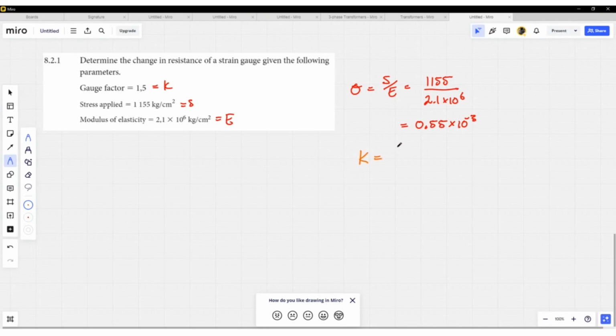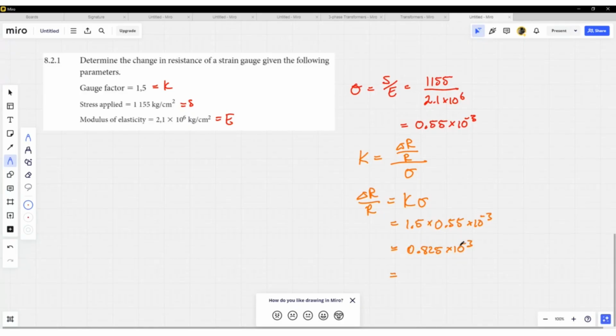So K is equal to delta R over R over the strain. So delta R over R is equal to K multiplied by the strain. That's going to be 1.5 times 0.55 times 10 to the minus 3. So this is 0.825 times 10 to the minus 3. Or you can write it down as, if we multiply this by 100, would that be correct?